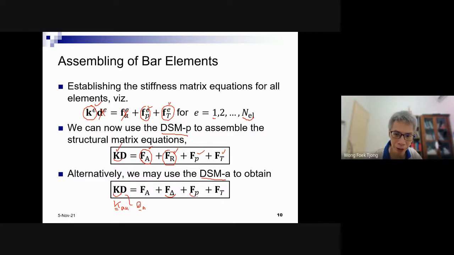And then this is the same, I think, but only involving active degrees of freedom. And then we solve, and then we get displacement, right? Once we get displacement, we can go back to each element, and then we can compute this one. Because this is now we already know, right? We can compute for this one. That's the direct method.